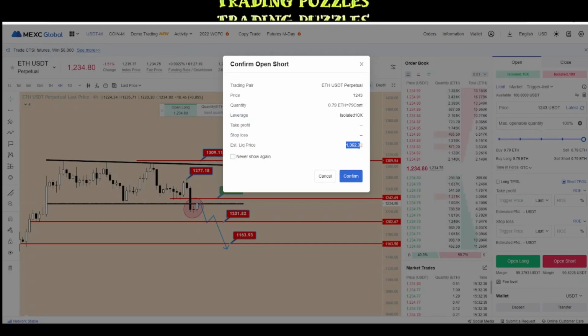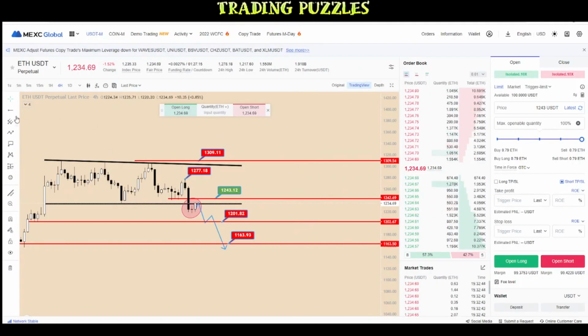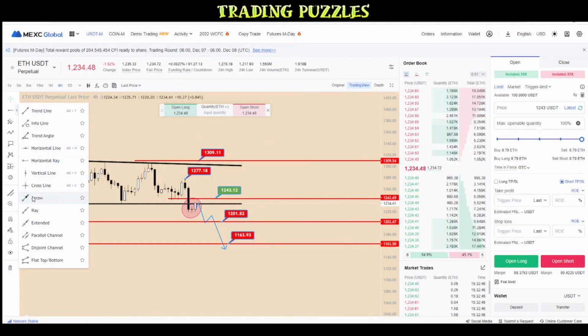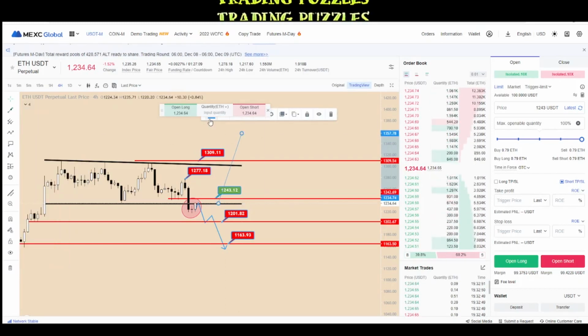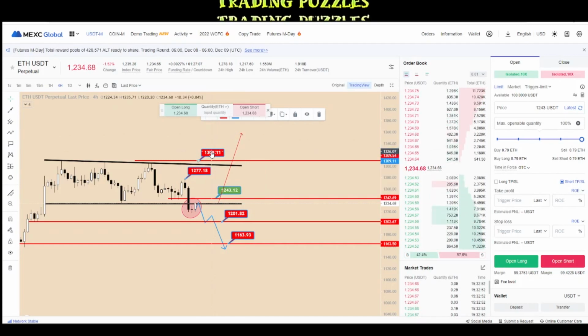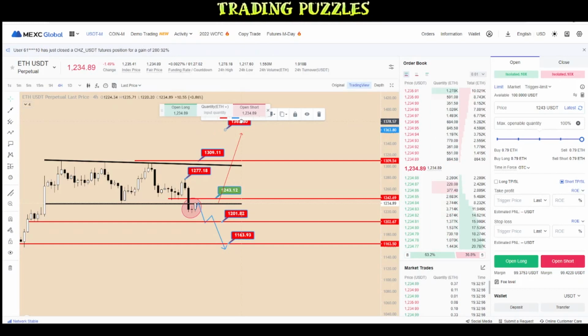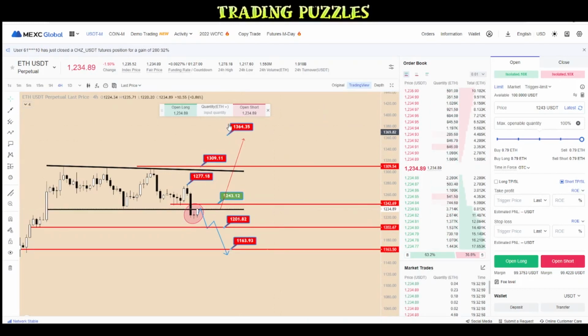So this is the point where my position will be closed from the system if price is going to move above this area. So this is how it works out in this way. So it was 1,362. So in my opinion, this is too much.